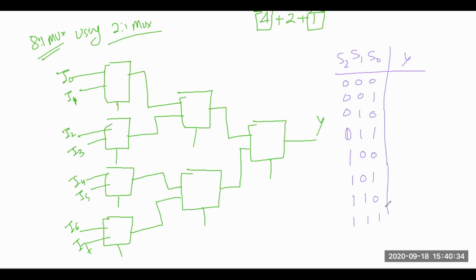So you are making your truth table in this way, and you are getting your output here: I0, I1, I2, I3, I4, I5, I6, and I7. Now realize this truth table with this circuit.